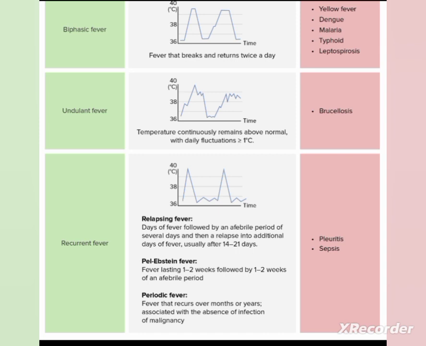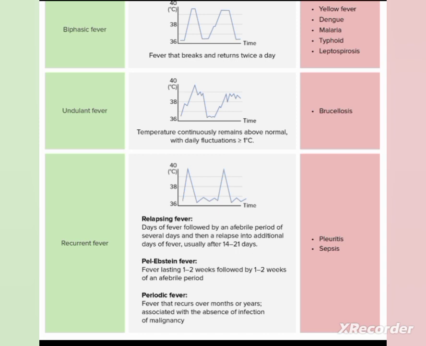Then again there will be a febrile period, like that. So in this graph you can see the temperature will be normal for a period, then again there is a rise of fever, usually after 14 to 21 days. So that is known as relapsing fever.